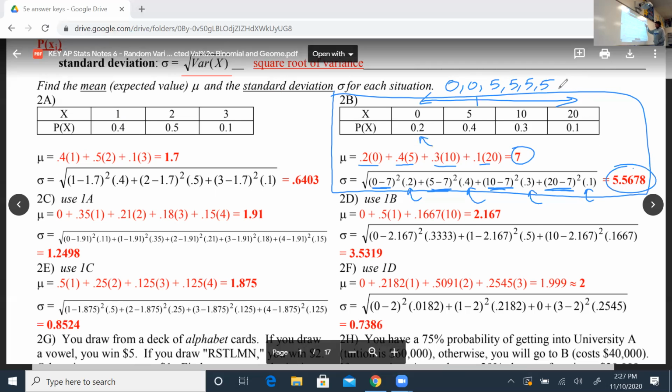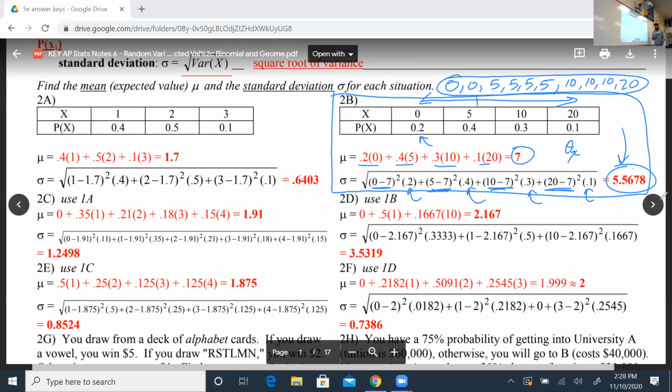Then you have 3 10s, 1, 2, 3, and you have 1 20. If you were to take those numbers and put them in L1 like we did in a previous chapter and get the standard deviation, the one that's standard deviation of x, it will be 5.56.